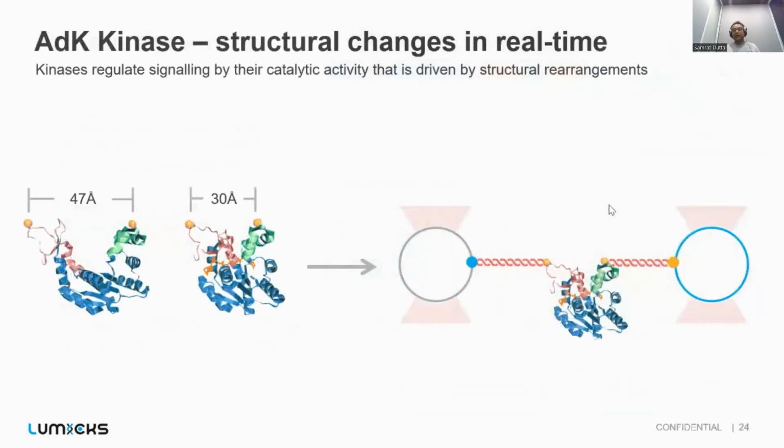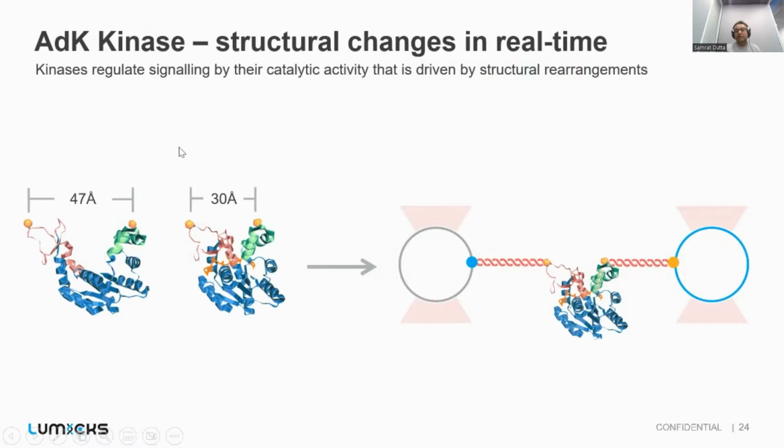For example, here I will share with you data which was published in Nature, I think, where they studied the ADK kinase enzyme. As we all know, the enzyme has an open and a closed state. When it opens, it binds to the substrate and then it closes. Until this experiment was done, which is a combination of a C-trap and a molecular dynamics assay using computational methods, what they found out is that this ADK kinase undergoes conformational changes between the open state and a closed state.